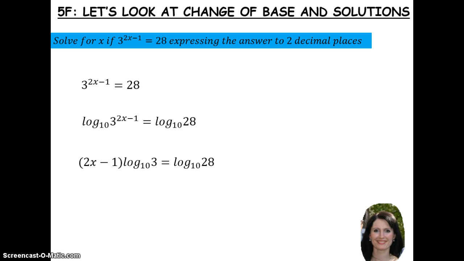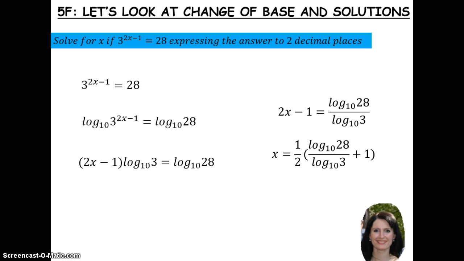I can say (2x minus 1) log_10 3, so I've just gotten rid of the index by putting it in front of the log_10 3, equals log_10 28. So now I can solve for 2x minus 1 because I can divide log_10 28 by log_10 3. Let's put the 1 over the other side and divide everything by 2.